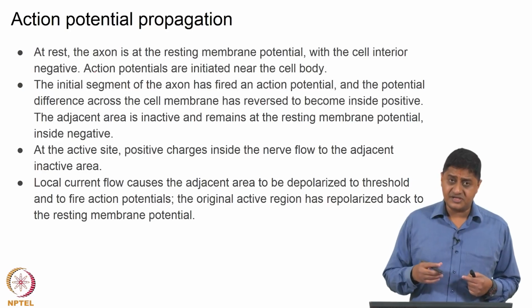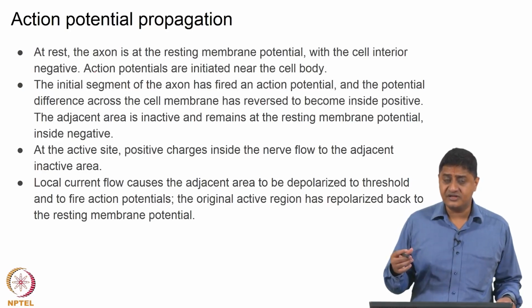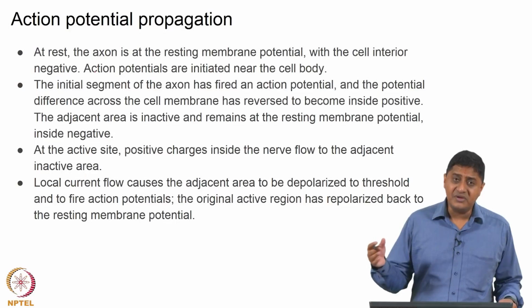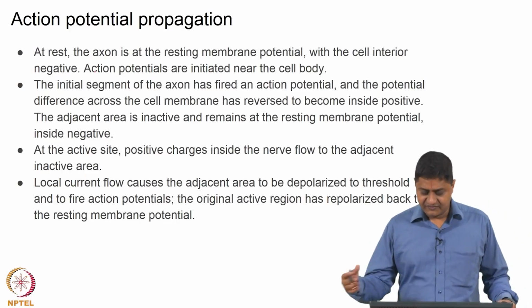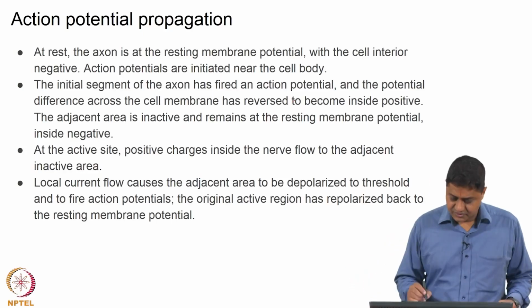When this depolarization crosses the threshold, it will cause the neighboring voltage gated sodium channels to open. This is the mechanism which we will also detail in the next slide.